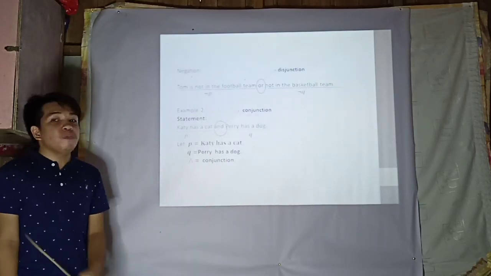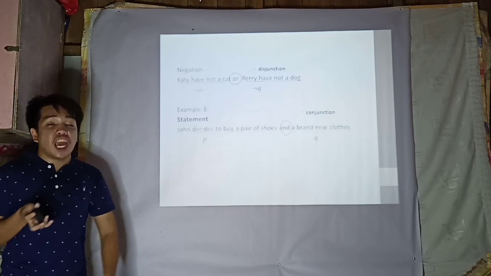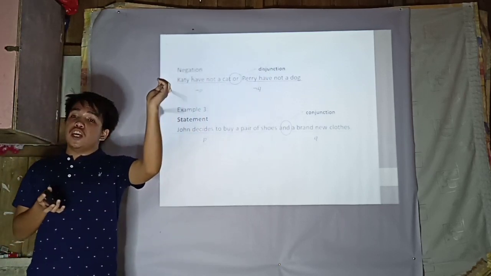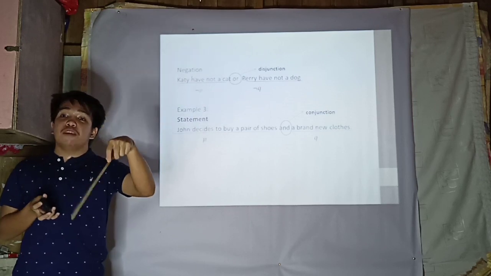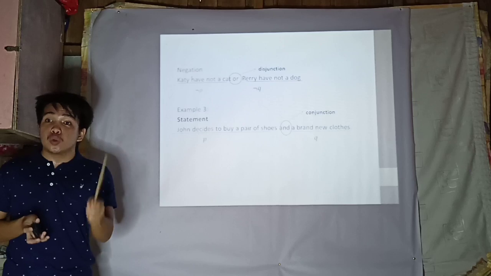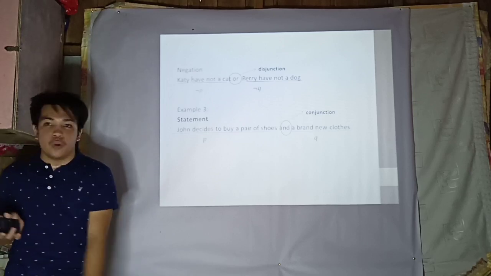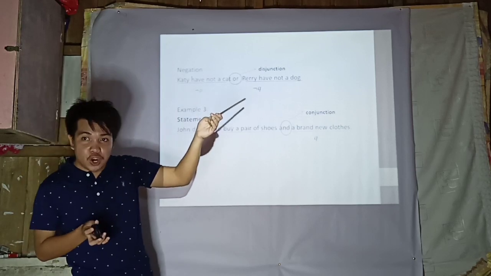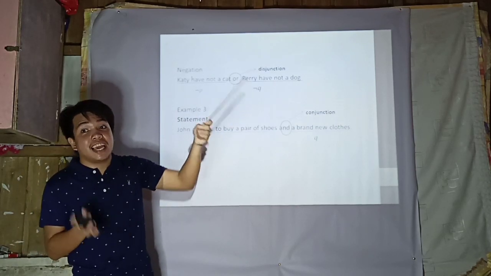Now we proceed to the negation of the statement. If we negate the statement into a negative, of course we must add "not" to truly negate a statement. Earlier, Katie has a cat, so it is not a negated statement.